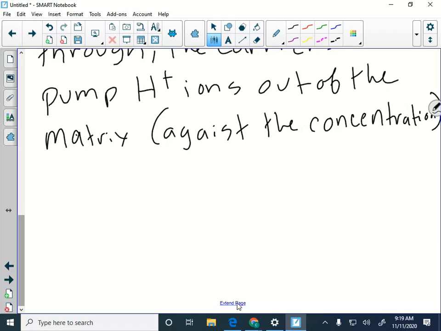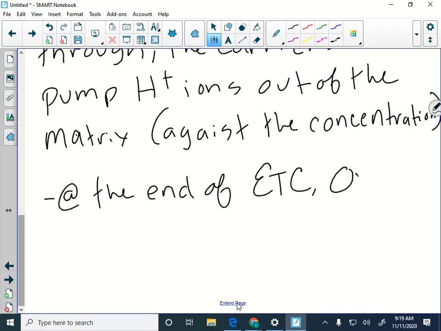At the end of the electron transport chain, talked about this a little bit yesterday, oxygen acts as our final acceptor.